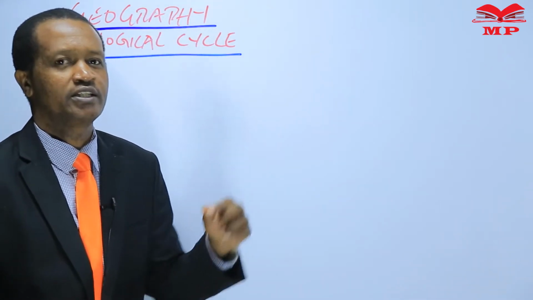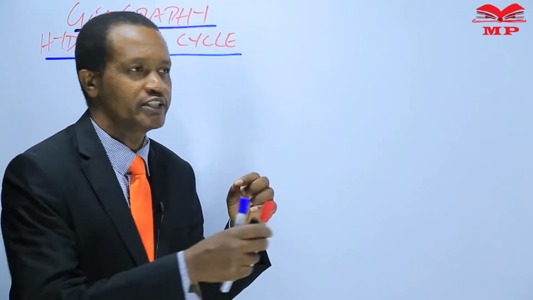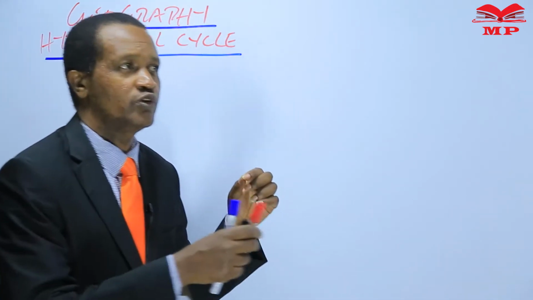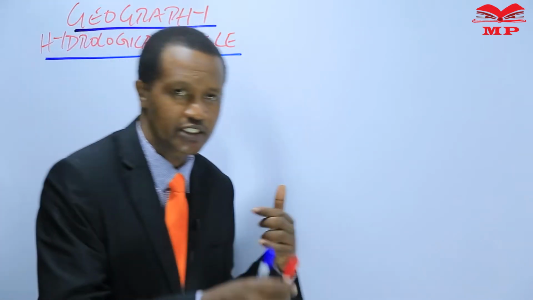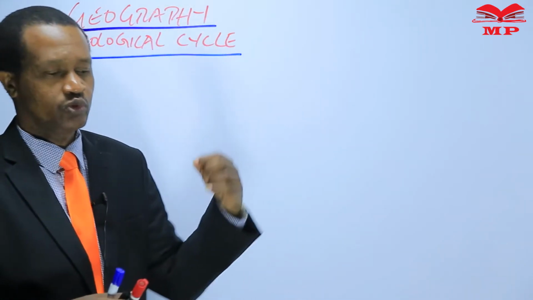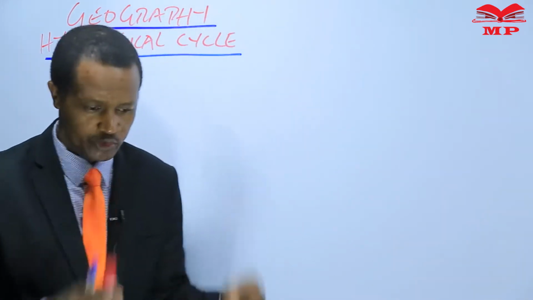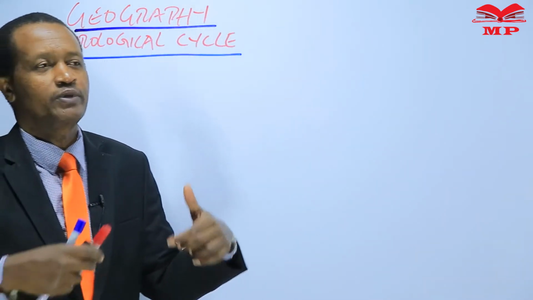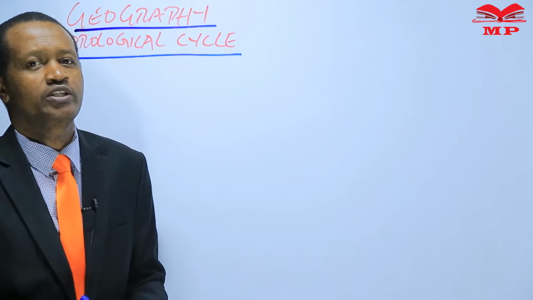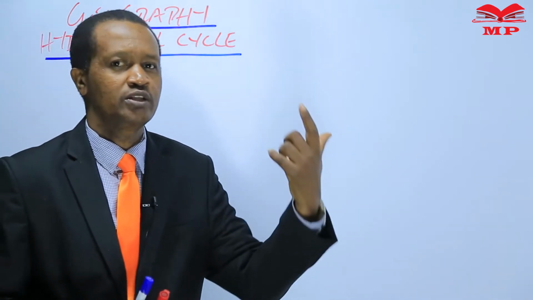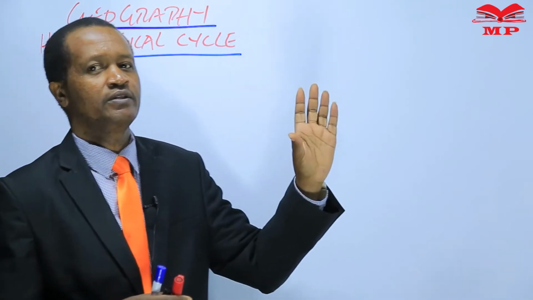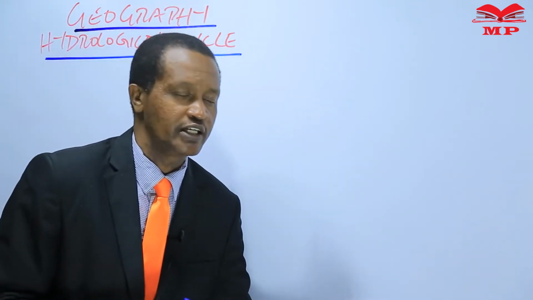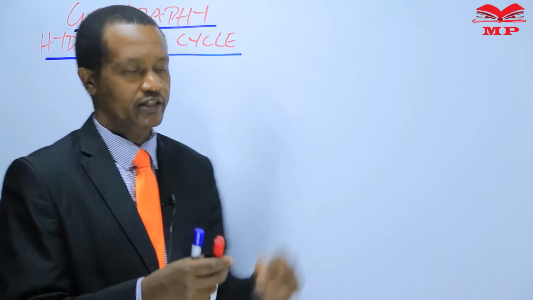Then we stated that the circulation of water is carried out through several processes. In our today's lesson, I want to explain the processes through which water is carried from the air to the Earth's surface and then back to the air.